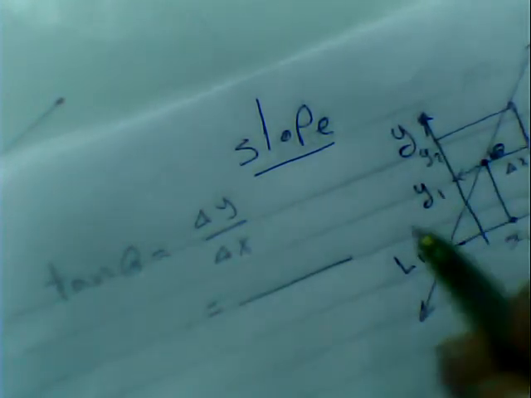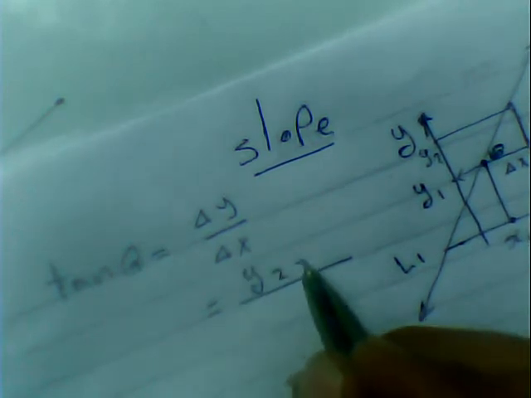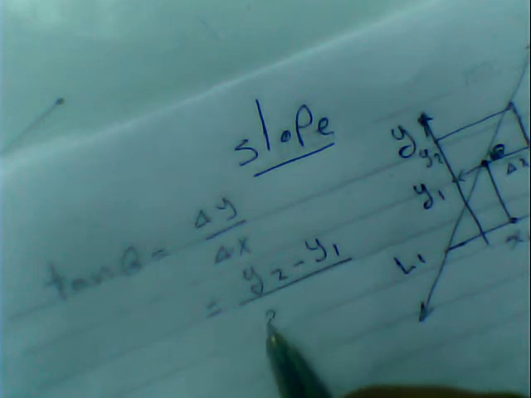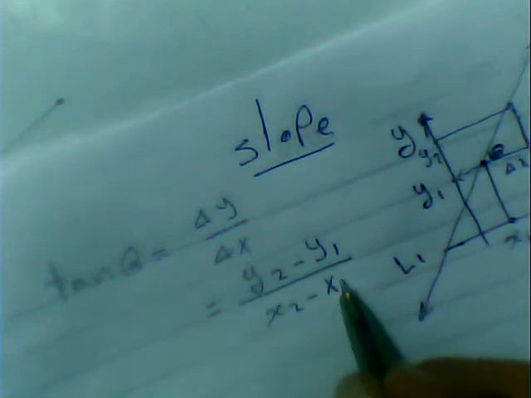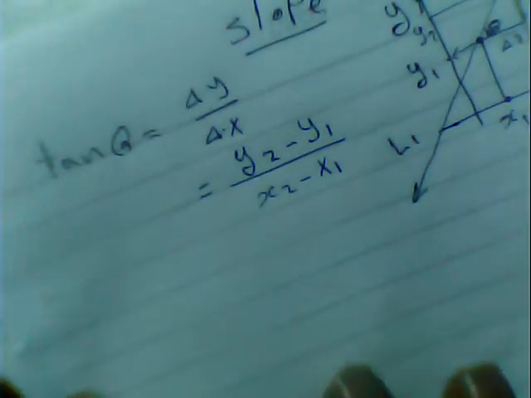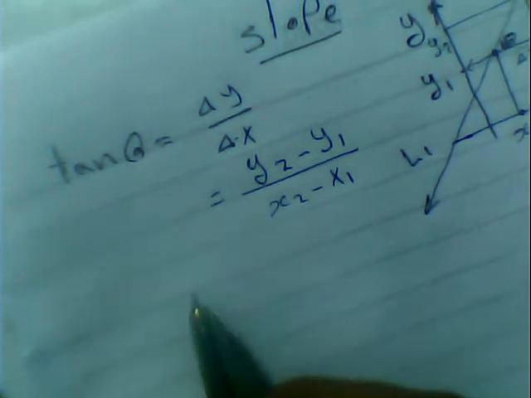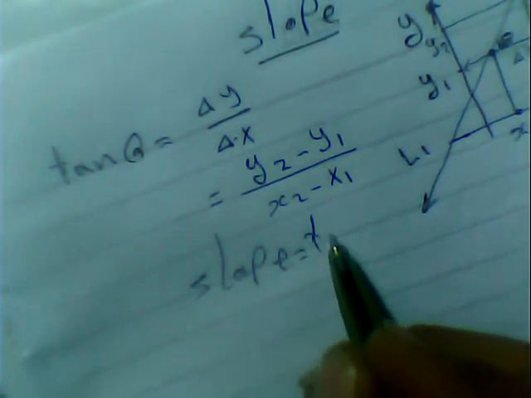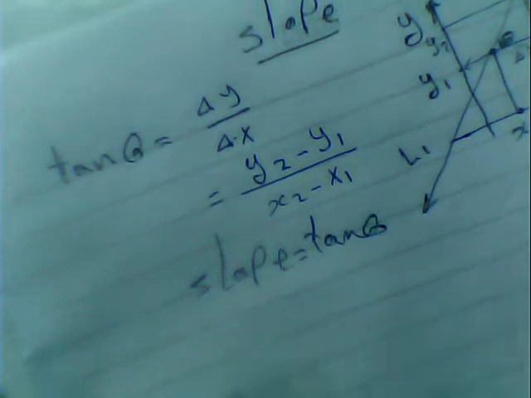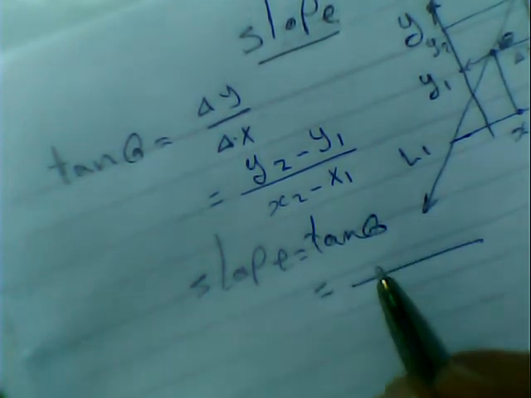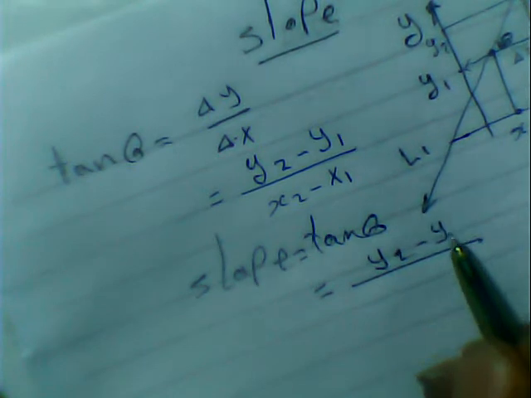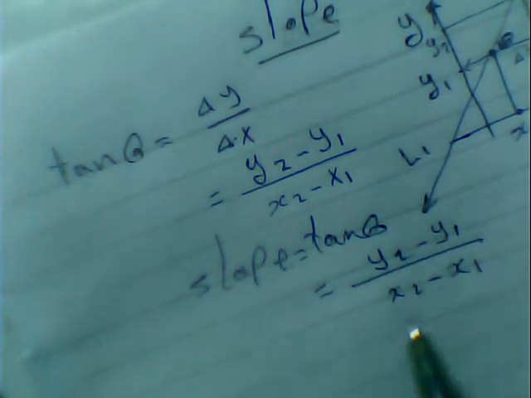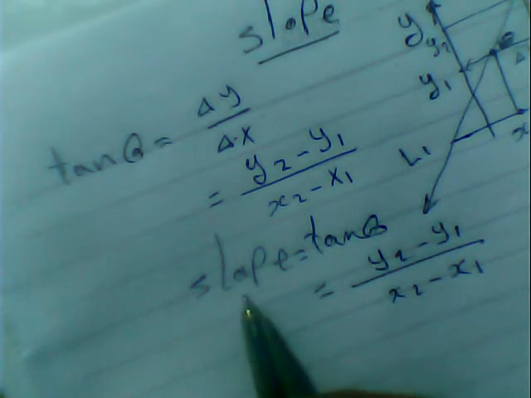The change in y, y2 minus y1, over delta x, x2 minus x1. That means the slope equals tan theta, which equals y2 minus y1 over x2 minus x1. This means slope.